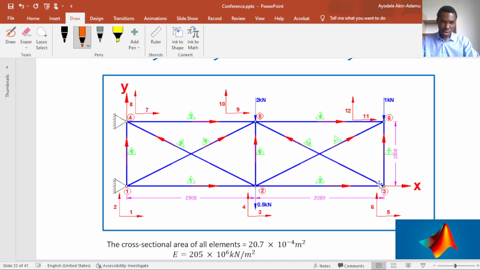And thirdly, you need to also number the degrees of freedom at each node of the truss. Fourth, which is also very important, you need to denote the direction of each of the elements. In the truss problem you see on the screen, you see red arrows on each element. The red arrow denotes the direction of each element.